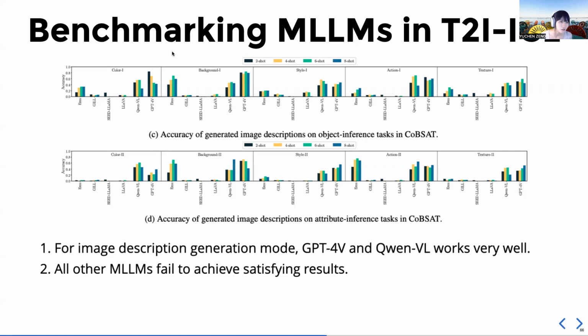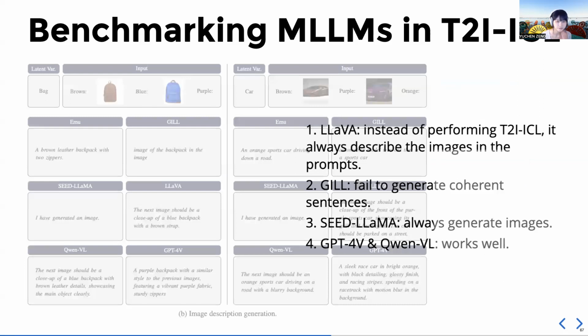So more demonstrations are probably rarely seen in the training data set, so GPT-4V's performance keeps decreasing. But for Qwen-VL, if we increase the demonstrations from 2 to 4, the performance increased. So there are many factors contributing to this problem. Probably in the future, if we have models trained on prompts with more images, the phenomena would be different.